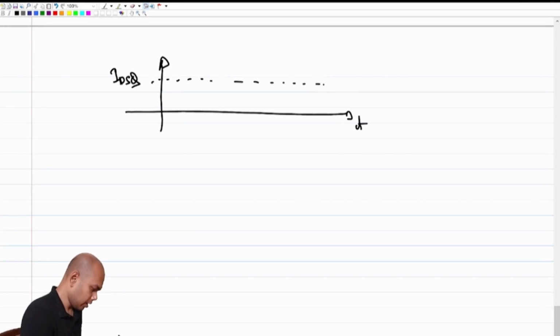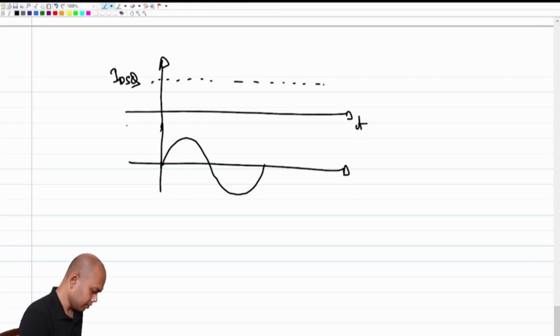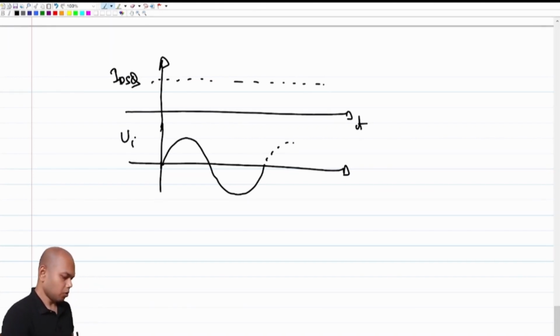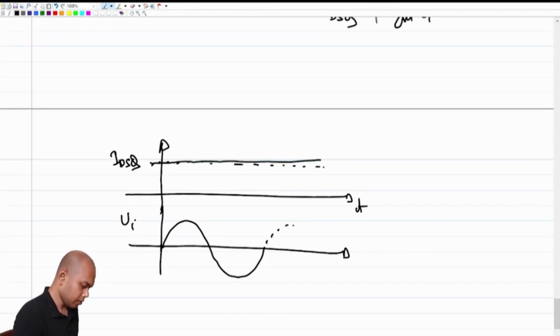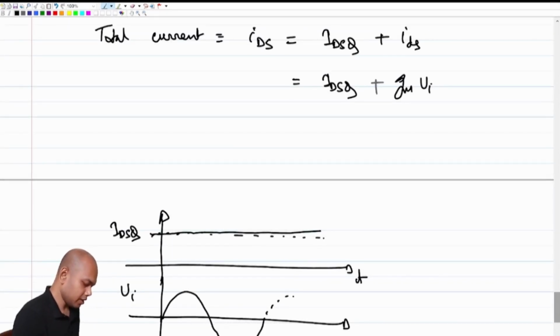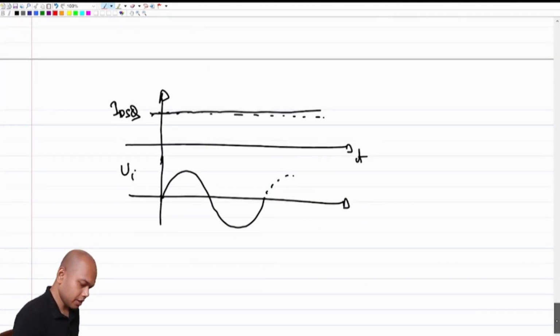Okay, and let's say this is Vi. So what is going to happen? Let's say this is IDSQ. If Vi is also sinusoidal, what does that sinusoidal voltage lead to? It will lead to a proportional current, which is Gm times Vi.